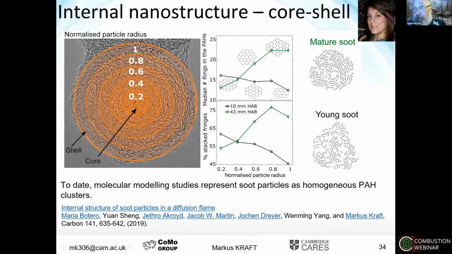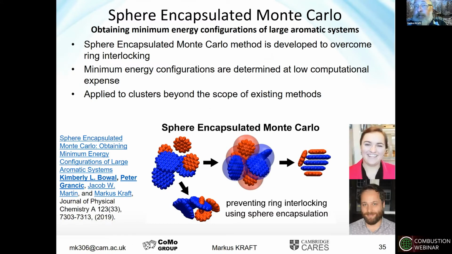Nevertheless, we carried on and looked into even larger structures with even more types of molecules. For that, we had to develop a different computational method, because replica exchange molecular dynamics is too expensive.